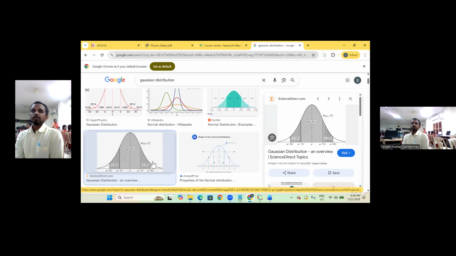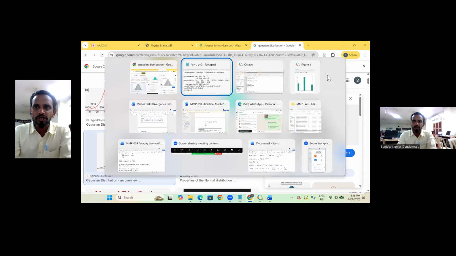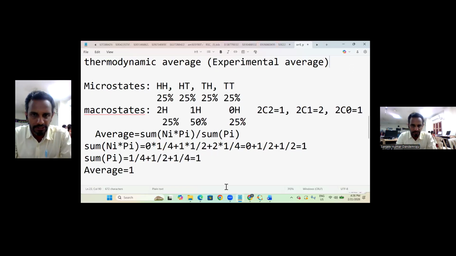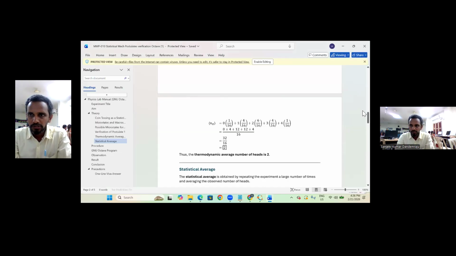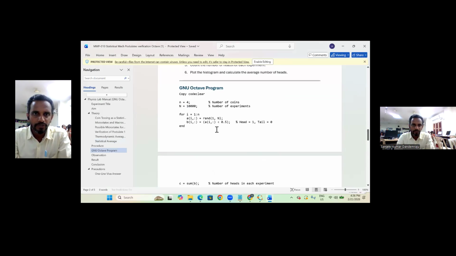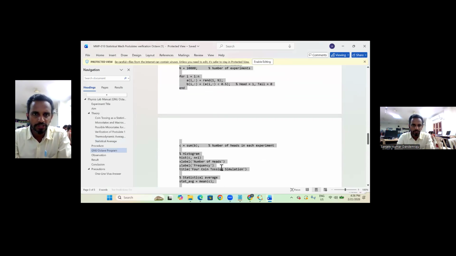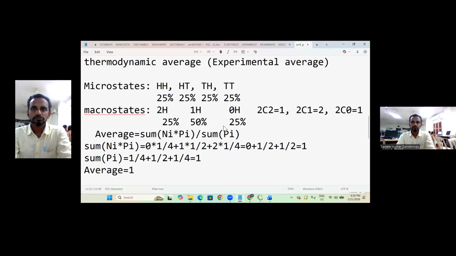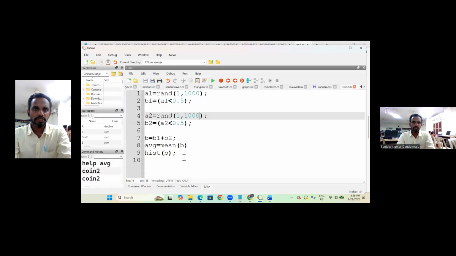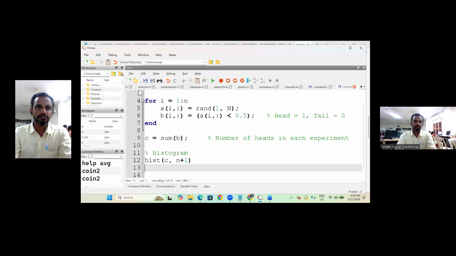Right? So if I increase the number of coins to 60, I have a general program for this, the same thing. There is a general program for 4 coins. You can extend it to any number.